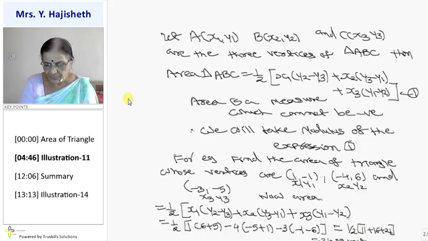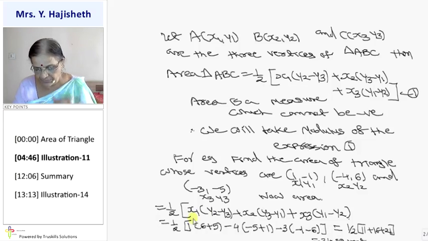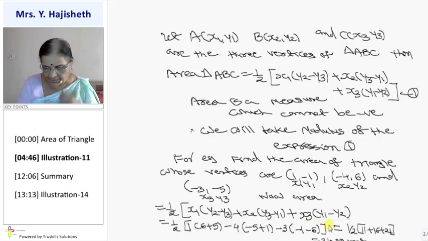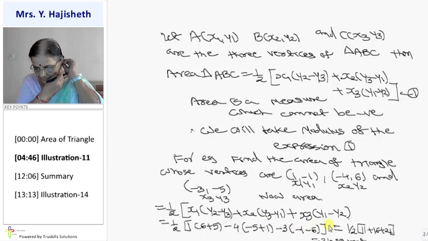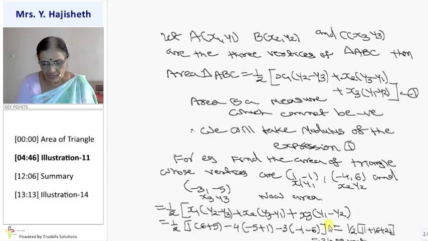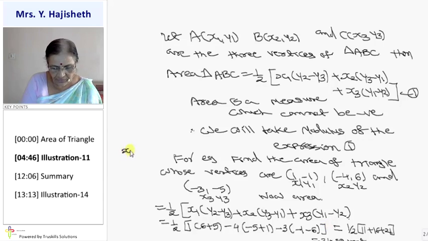The trick is, see, x1 y2 minus x2 y1, or x1 y2 plus x2 y3 plus x3 y1. And here you write y1, y2, y3 and y1.